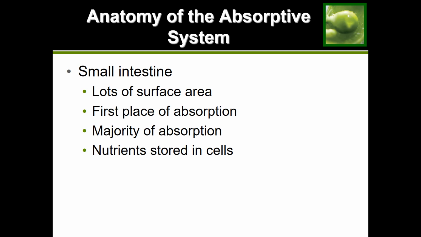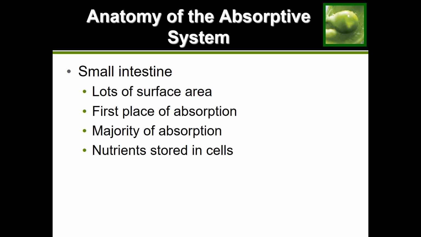Your small intestine is the same way. So when the digestible nutrients are in your small intestine, there is a lot of surface area that those nutrients can get absorbed into. So because of this, again, the small intestine is the first place where our nutrients get absorbed, but it's also where the majority of nutrients are going to be completing their absorption as well.